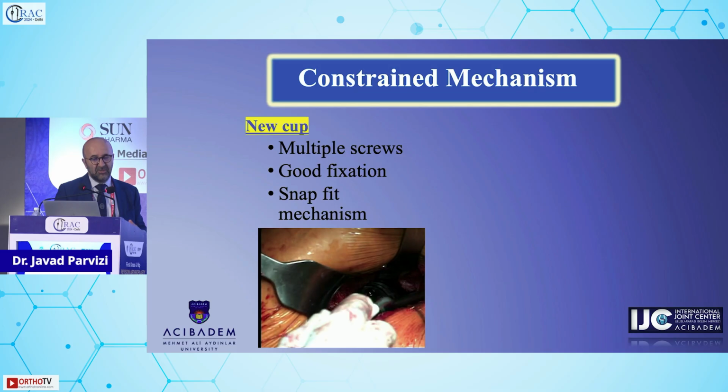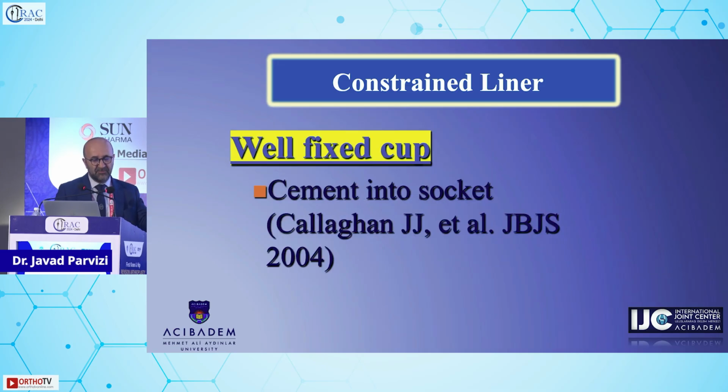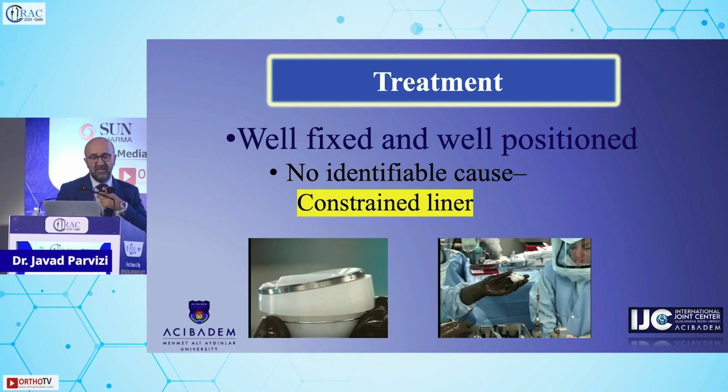So what is new? Dual mobility, and we heard fantastic talks already. Dual mobility is a fantastic option for instability. This question was discussed during the World Expert Meeting in Istanbul recently.